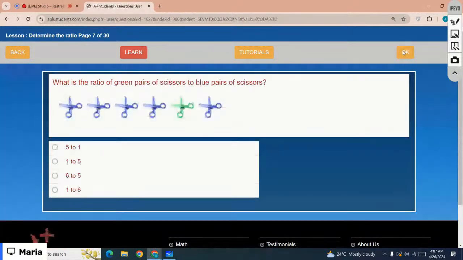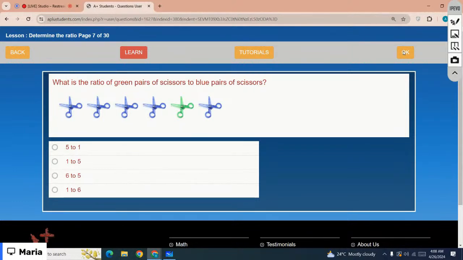What is the ratio of the green pairs of scissors to the blue pair of scissors, which is the correct option? That is 1 to 5.